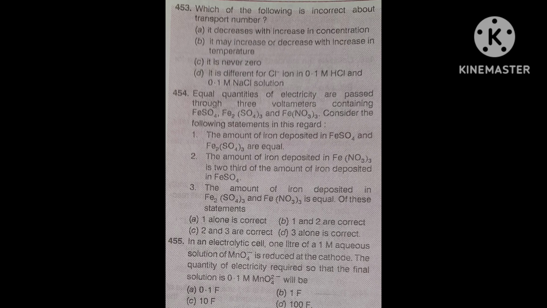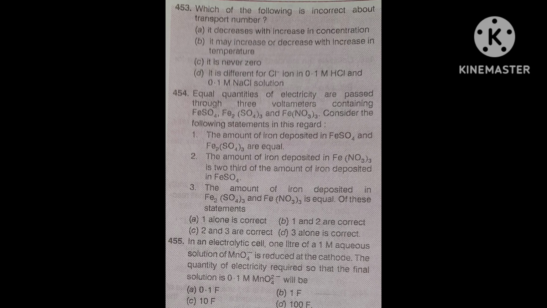Equal quantities of electricity are passed through 3 voltameters containing FeSO4 first, second Fe2(SO4)3, third Fe(NO3)3. Now 3 statements are given. Consider the following statements in this regard. First, the amount of iron deposited in FeSO4 and Fe2(SO4)3 are equal.